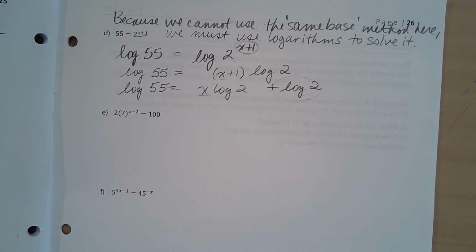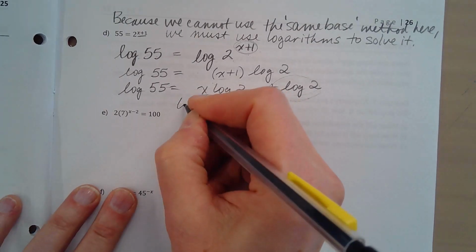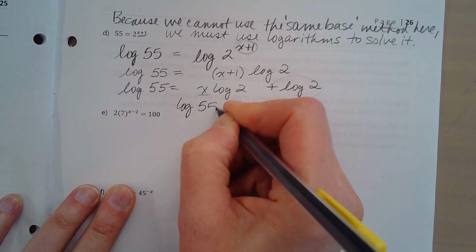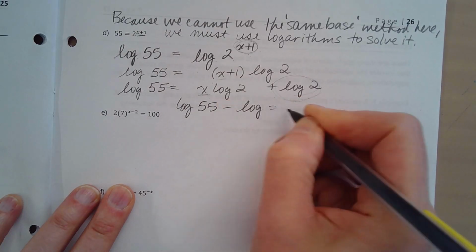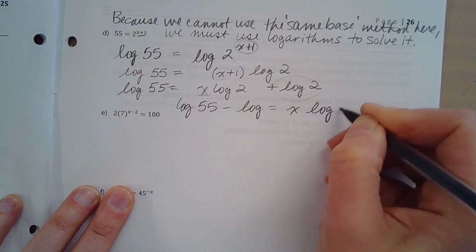Think about it: forget the log 55, log 2, what if I just had the equation 55 equals 2x plus 2? What would you do? You'd move the 2 over, right? So same thing. Move the 2 over first, but it's not a 2, it's a log 2, so we move that over. So then I get log of 55 minus log of 2 equals x log 2. So I've almost got x isolated, right?